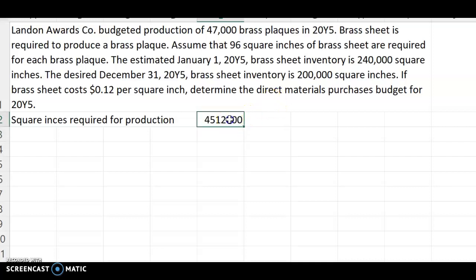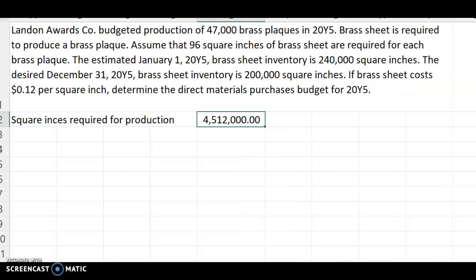And that's going to give me 4,512,000 square inches that I need to get my 47,000 brass plaques.